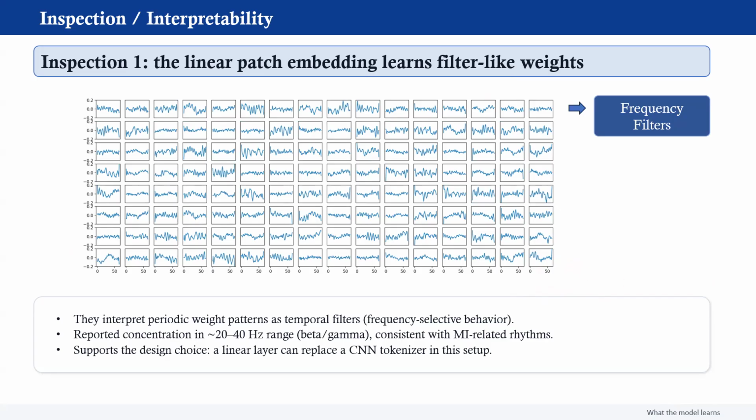And what they observe is these periodic structures that they are interpreting as frequency filters. Based on the time windows, as I said, with a size of 64 samples per patch and a sampling frequency of 250 hertz, each patch essentially corresponds to about 0.25 seconds, okay?